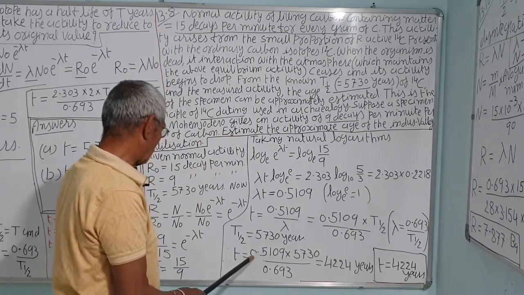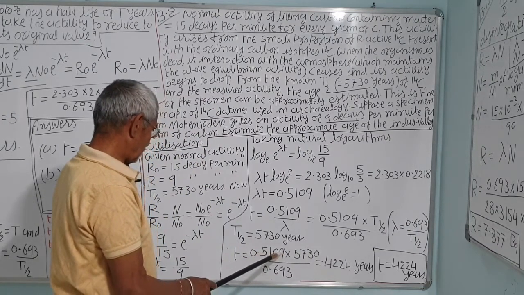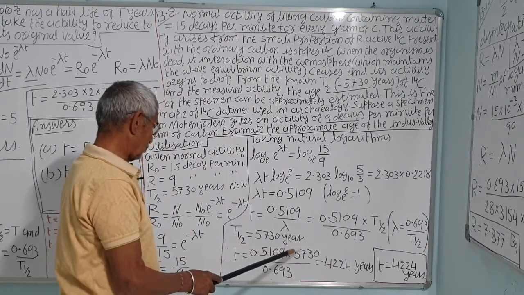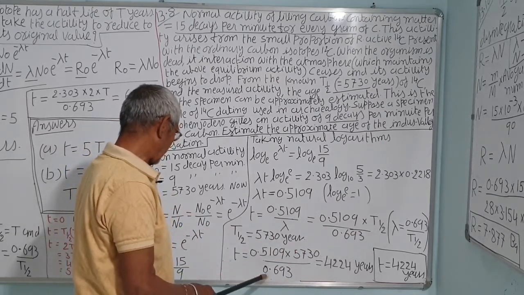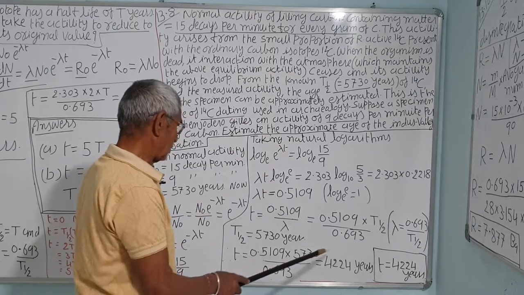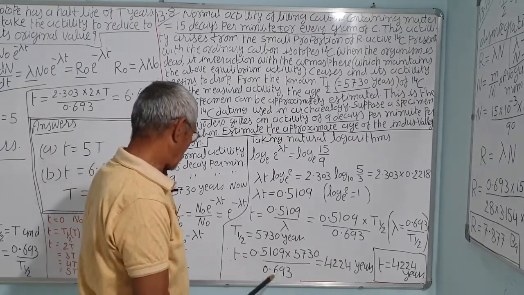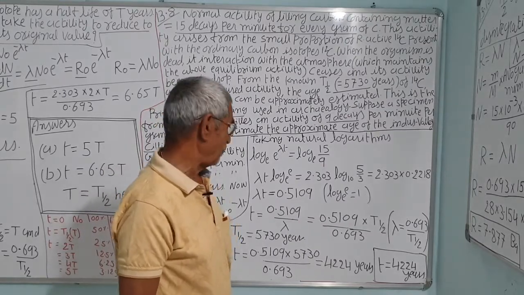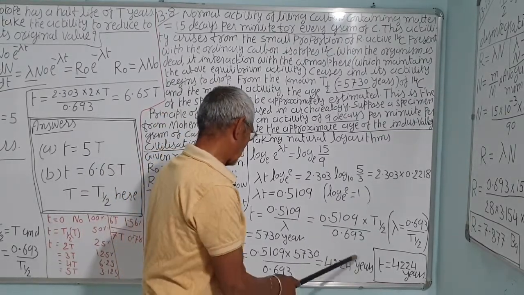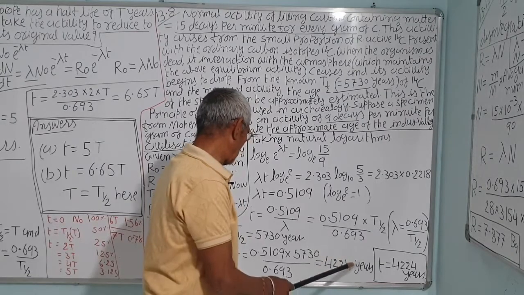So T is equal to 0.5109 into the half-life period, 5,730 years, upon 0.693, and that comes to about 4,224 years. This is the age of the civilization.